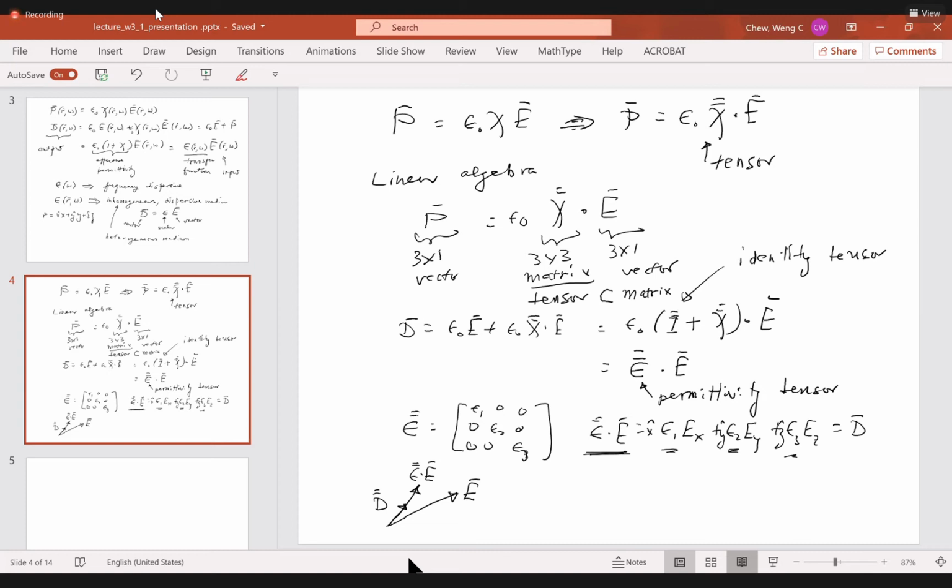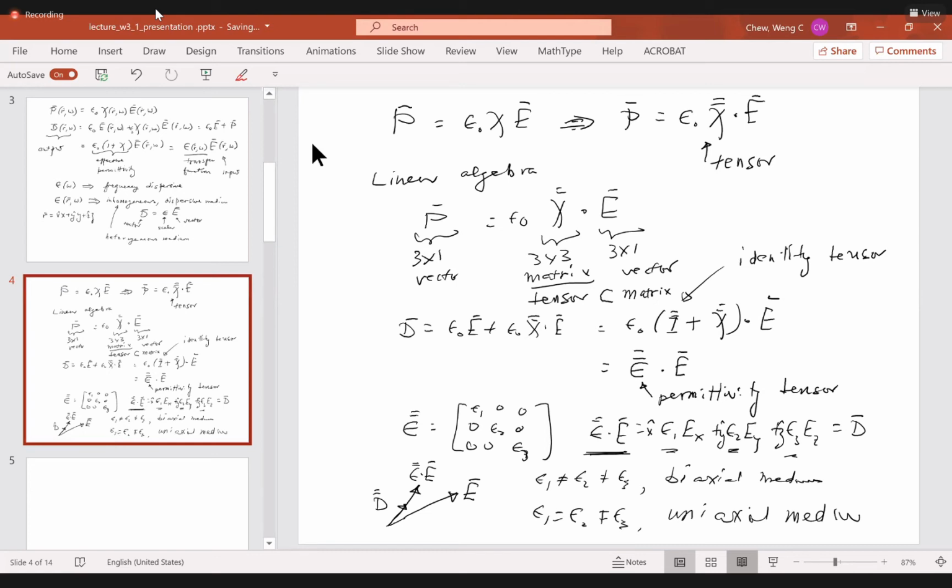When epsilon 1 is not equal to epsilon 2 is not equal to epsilon 3, we call this a biaxial medium. And when epsilon 1 equals epsilon 2 but is not equal to epsilon 3, this is called a uniaxial medium. Any questions so far?